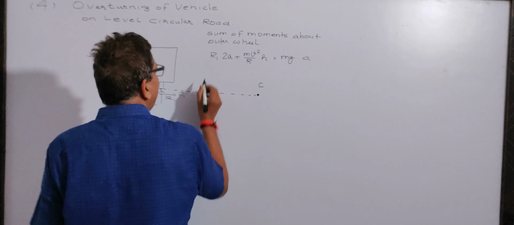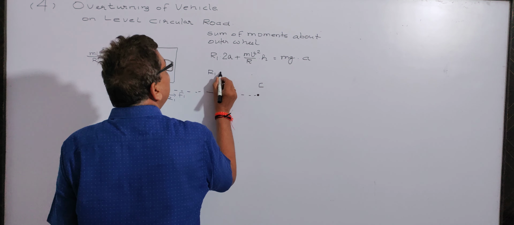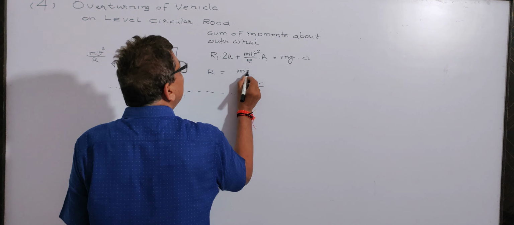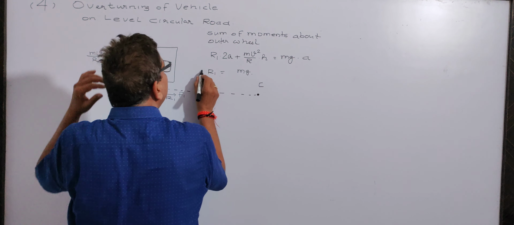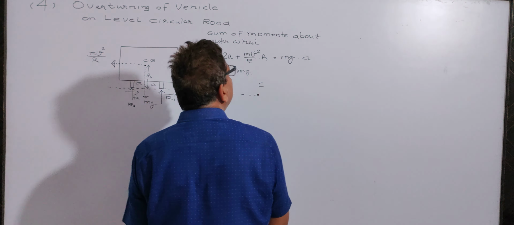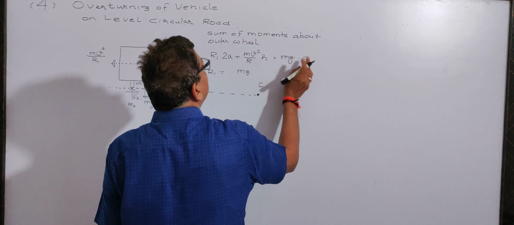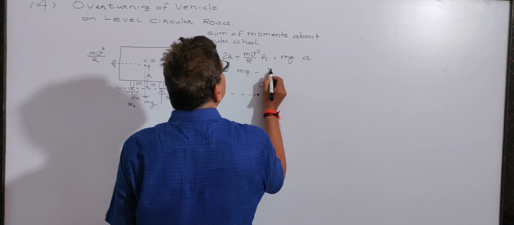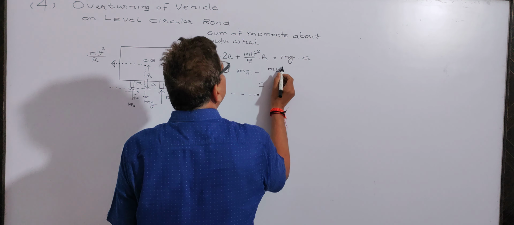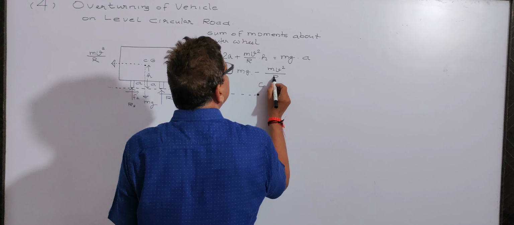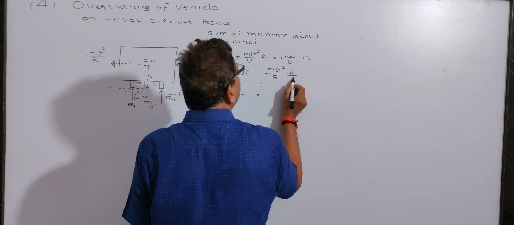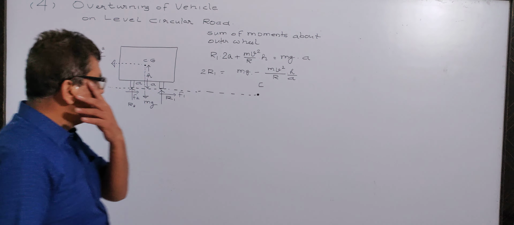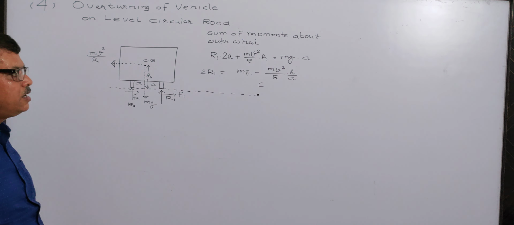So I can say 2R1 can be written as mg, a gets cancelled here, and then minus mv square by radius into h by a. This I can write. Is it clear?